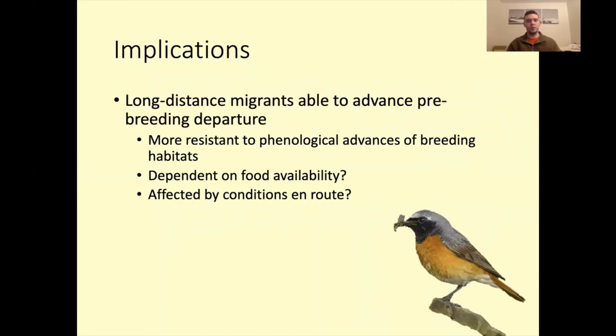However, one thing to consider, or a couple of things to consider, is that the timing of the migration appears to be dependent heavily on food availability. So we saw that in years in which the Sahel was more green and more rich and there was more food around, species were able to migrate earlier from the Gambia.